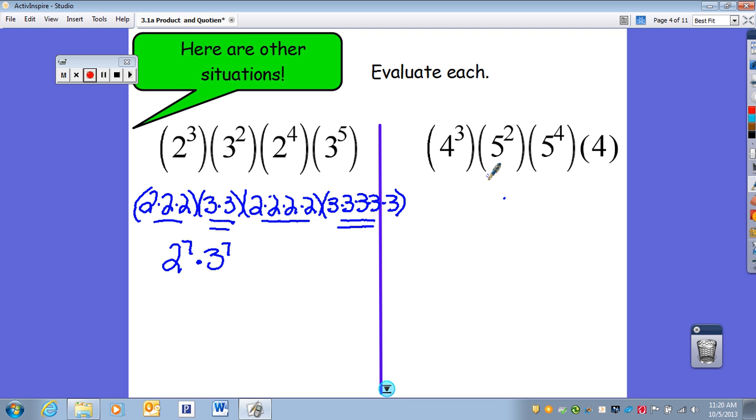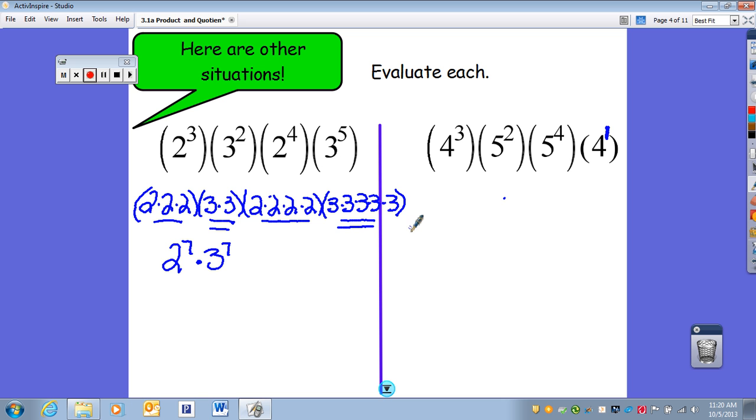Let's take a look at this example. I have 4 to the 3rd, 5 to the 2nd power, 5 to the 4th, and then just a 4. If you recall, if this is just a single number by itself with no exponent, we understand the exponent to be 1. It's a good idea to write that in so that you remember.